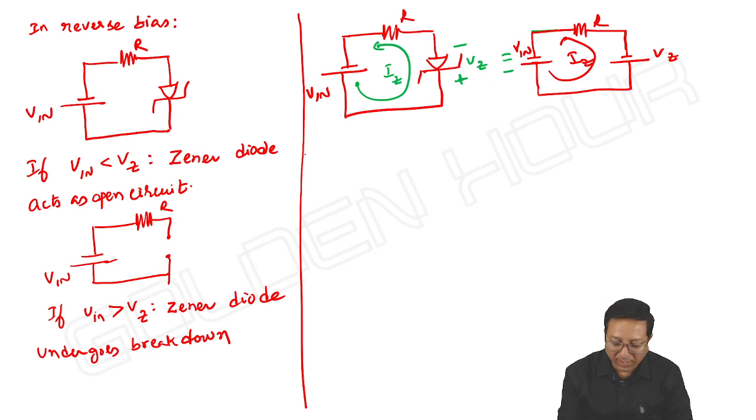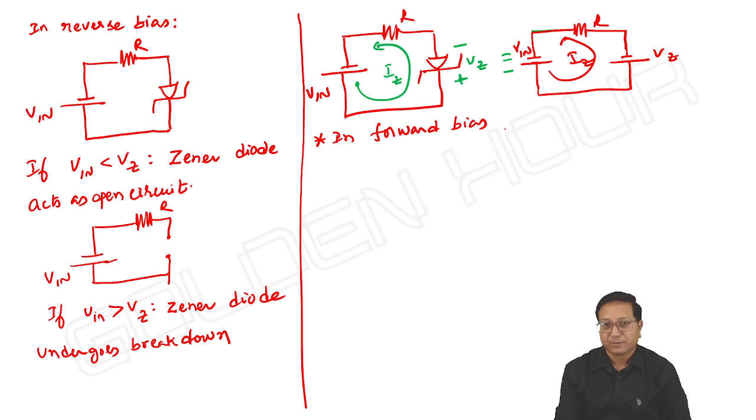Okay, the important point to be observed here is, in forward bias, the voltage from anode to cathode is positive and the current flows from anode to cathode.